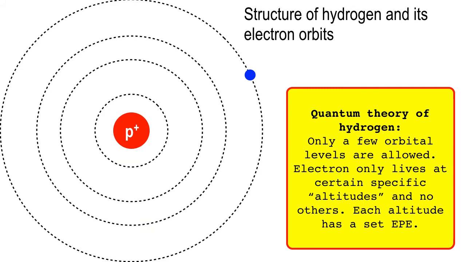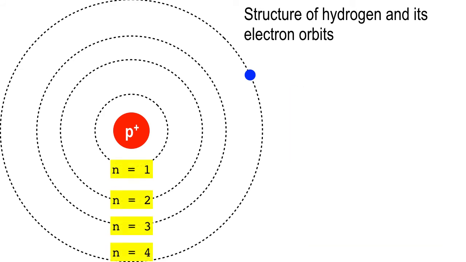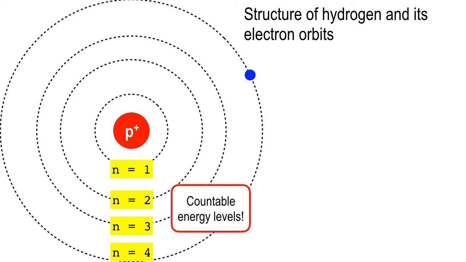We went through the list of that: negative 13.6 for n equals 1, and so on. So the quantum theory is that there are countable energy levels, and only those energies are allowed for electrons in orbit around the proton.